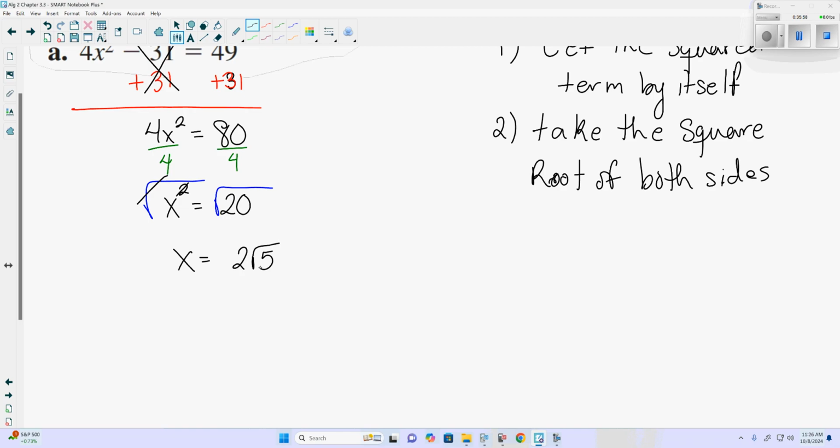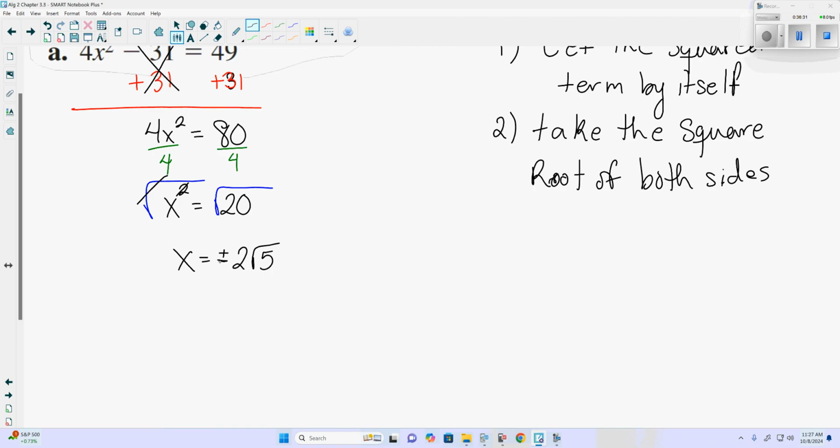Now we said it crossed the x-axis in 2 places, yes? When we square root both sides, when we take an even root of both sides, we have to add a plus or minus. Because when we take a square root, we're saying what times itself is 20.